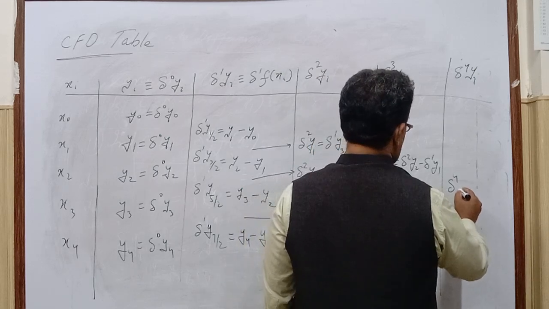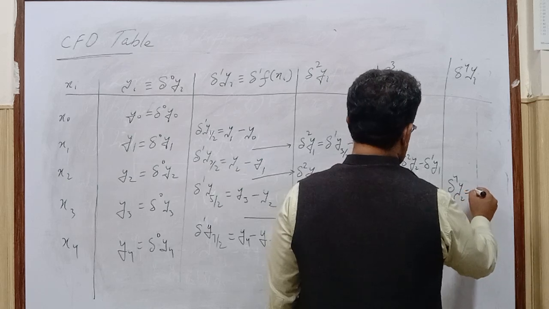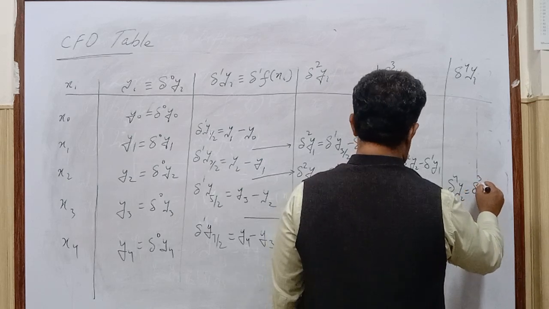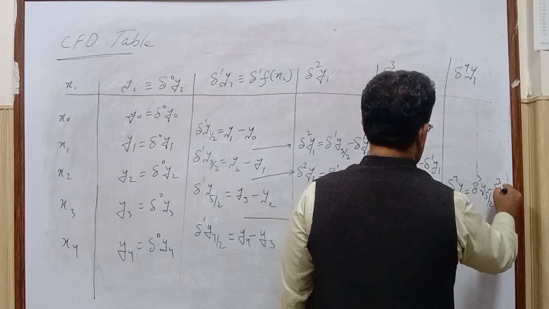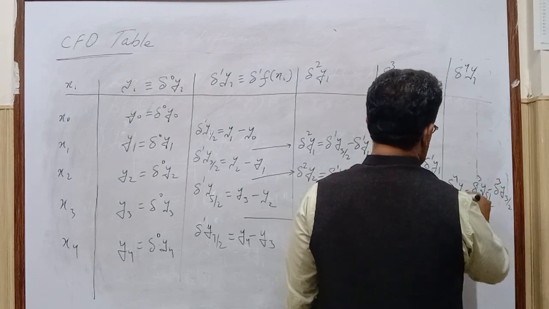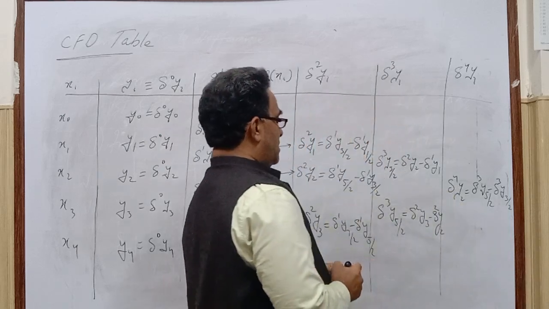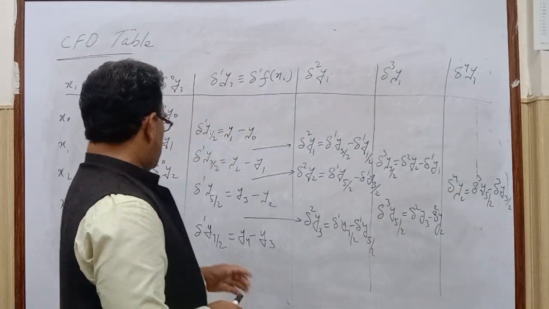This is delta 4 y2, and this will be delta 3 y 5 by 2 minus delta 3 y 3 by 2. So this is the last column possible in this table.